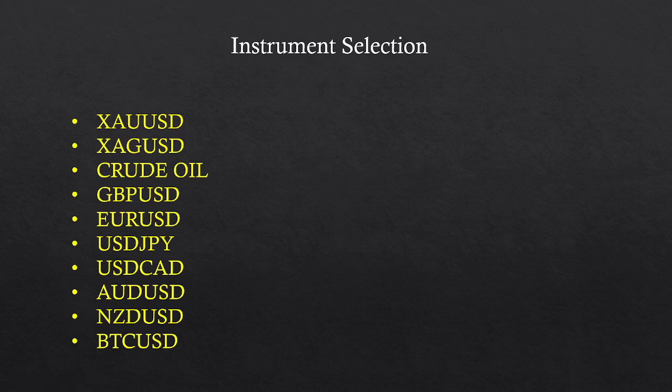You just need to apply my study, which I will tell you, on these pairs and instruments: gold, silver, crude oil, GBPUSD, EURUSD, USDJPY, USDCAD, AUDUSD, NZDUSD, and BTCUSD. This is my instrument selection on which you can apply my trading strategies, which I will share in my next lectures.